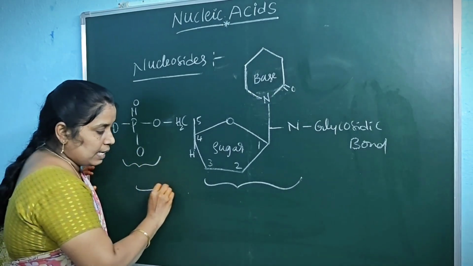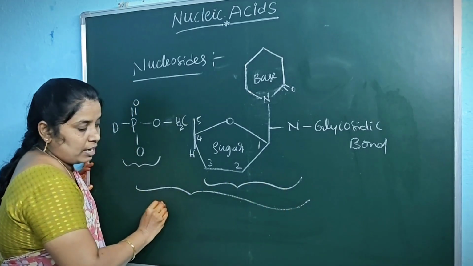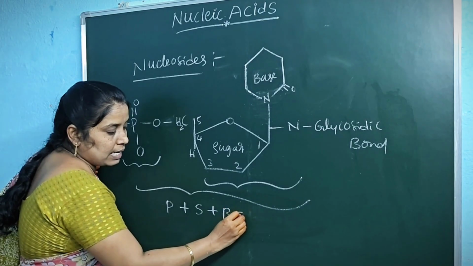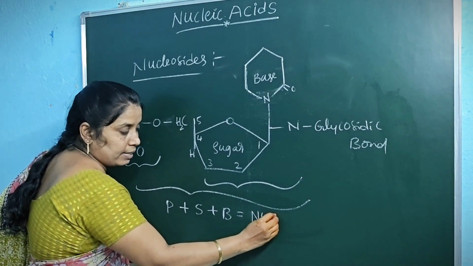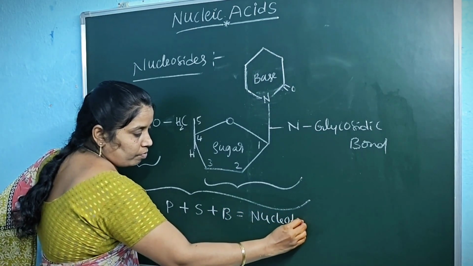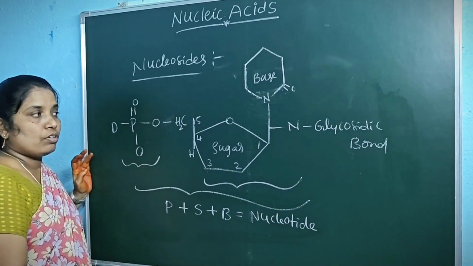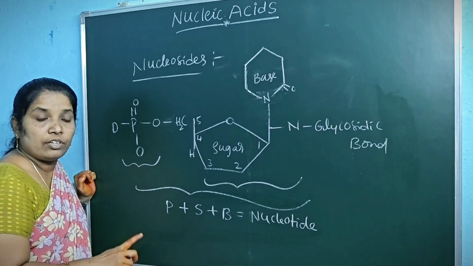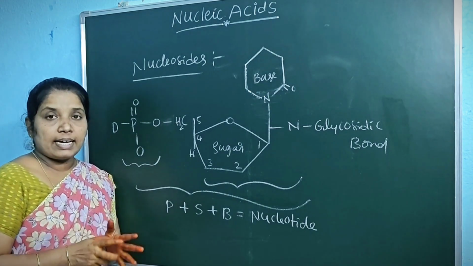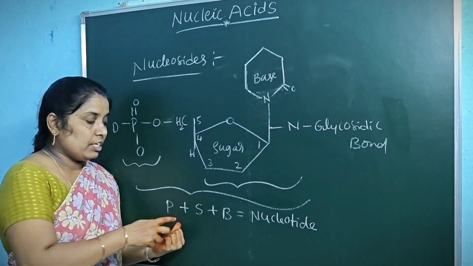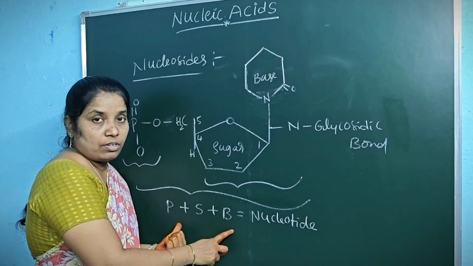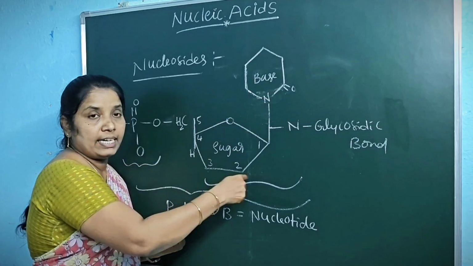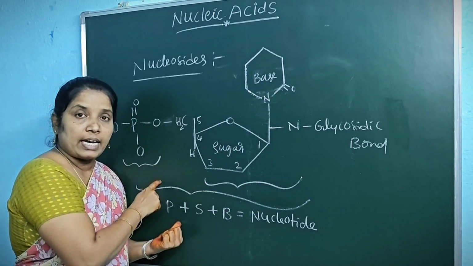Totally this is phosphate plus sugar plus base, that is equal to nucleotide. So now we are going to see what a nucleotide is in detail. Nucleotide is nothing but phosphate, sugar and base. So when the phosphate group is attached to the nucleoside, it is called nucleotide.